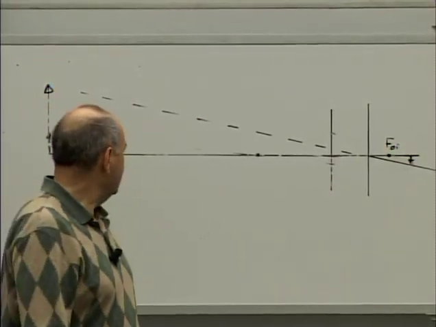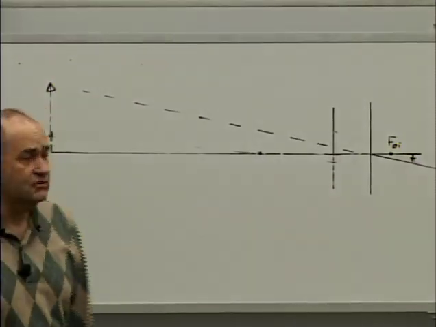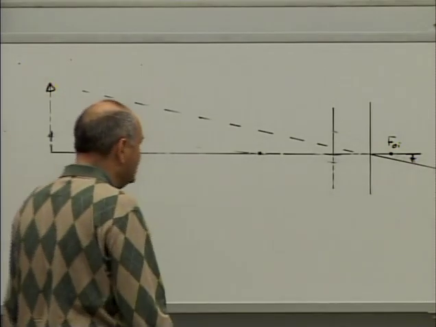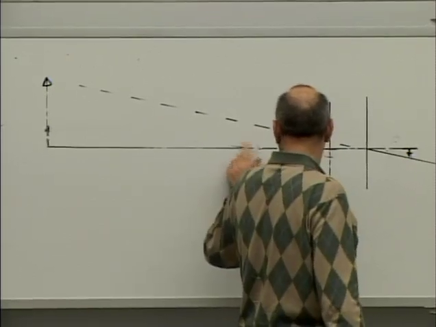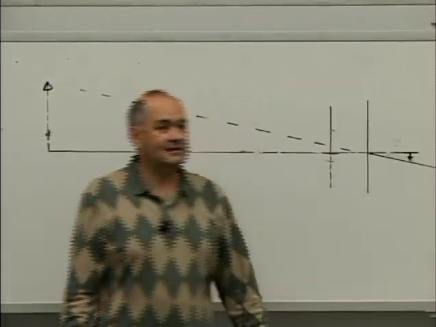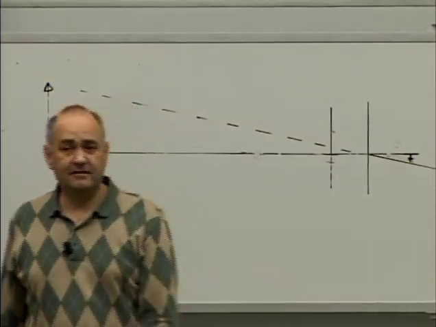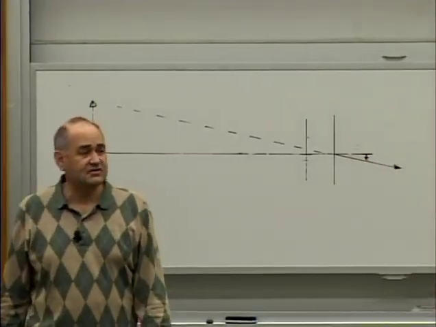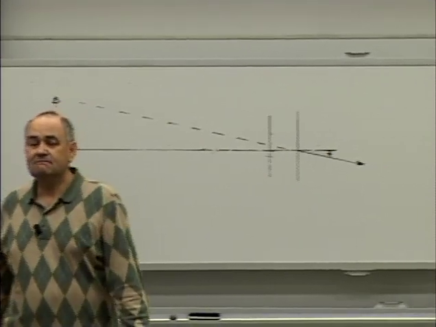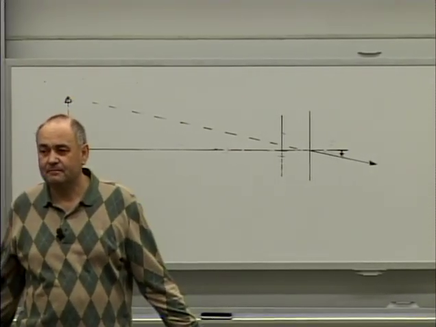All right, let's now figure out what kind of lens we need to use for the eyepiece. Let's erase this. And for that we can use the other ray. Which ray would you like to use, Adam?